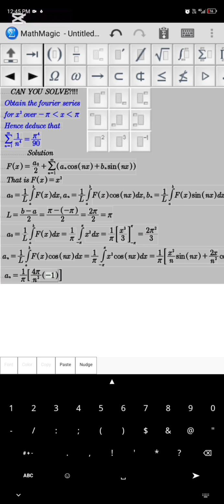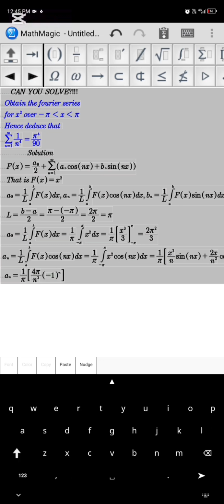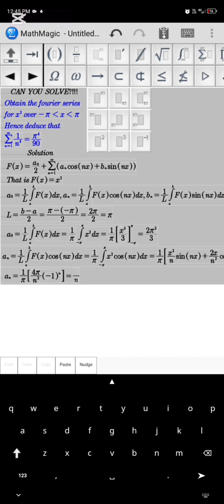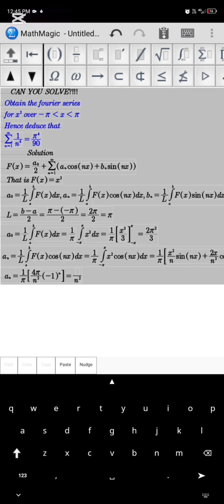There is a pi outside and a pi inside the bracket, so the pi can cancel out. So what we are going to have is 4 over n squared multiplied by minus 1 raised to the power of n. That's what we are going to get.